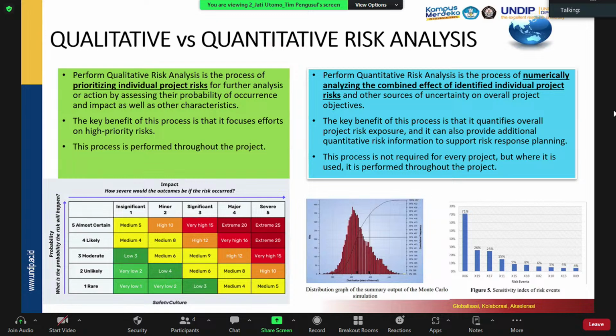And on the right-hand side, we can see the quantitative risk analysis, where a simulation is performed to run the combination of the probability and also the impact of the risk on the project. And we can then decide which risk is more significant to the project or which risk is considered critical to the project. And then we have to define the anticipation or the strategy of mitigation of the risk.